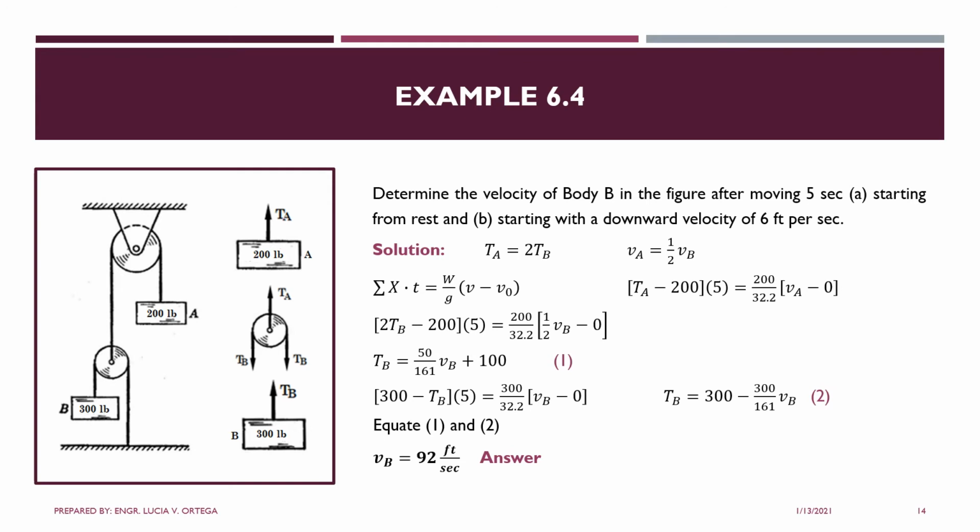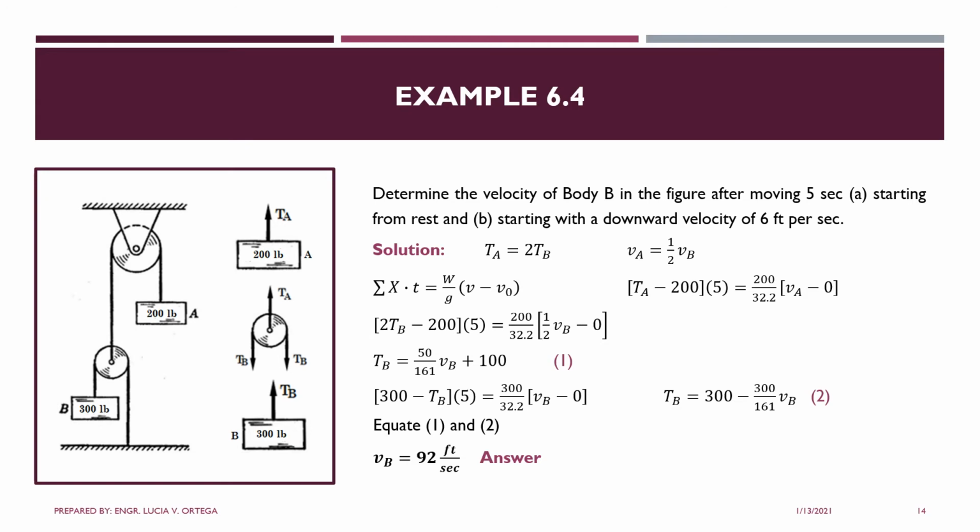From this free body diagram, we got T sub A is twice the tension at B. So in that case, velocity of A is only 1/2 of V sub B. If T sub A is 3 times tension of B, then V sub A is 1/3 of velocity of B. So that is the relation for velocity and tension as well as the acceleration. Acceleration of A is 1/2 of acceleration of B.